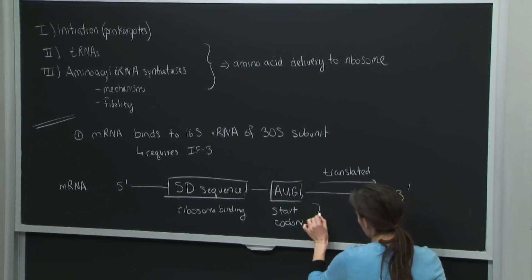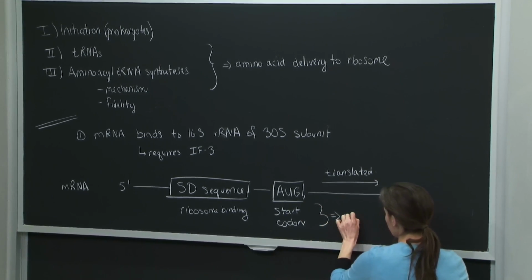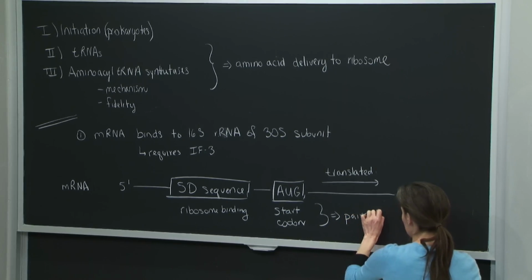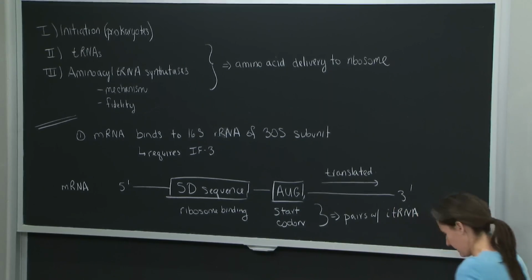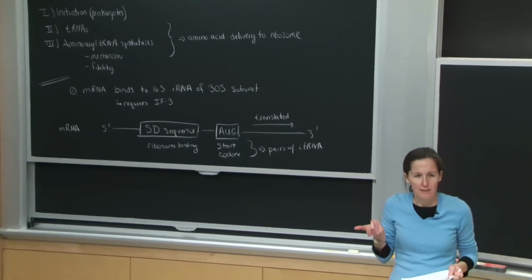So this start codon pairs with initiator tRNA. And this initiator tRNA is special.